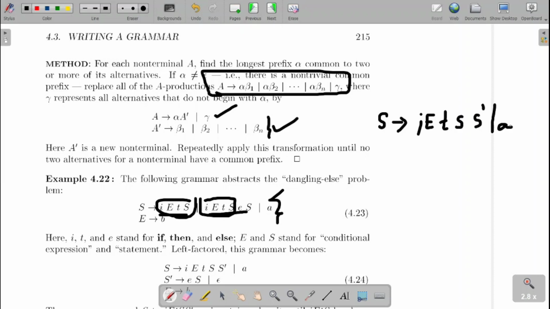The other one is a, which has nothing to do with the factoring, so I will write it as it is. Then S dash derives eS, that is the else statement, or epsilon. Then the other thing we write as it is: E derives b.